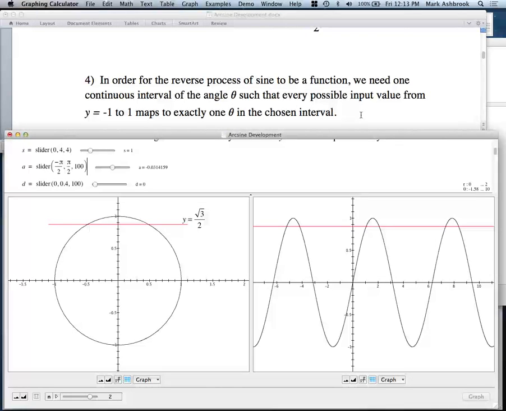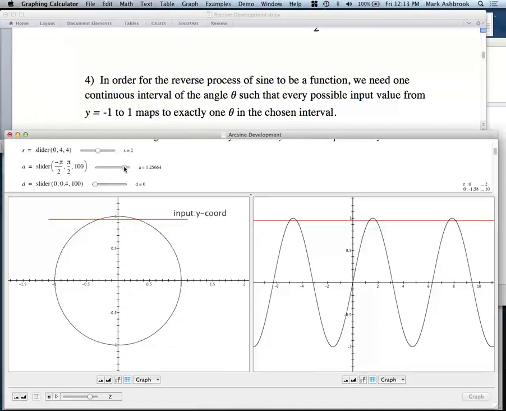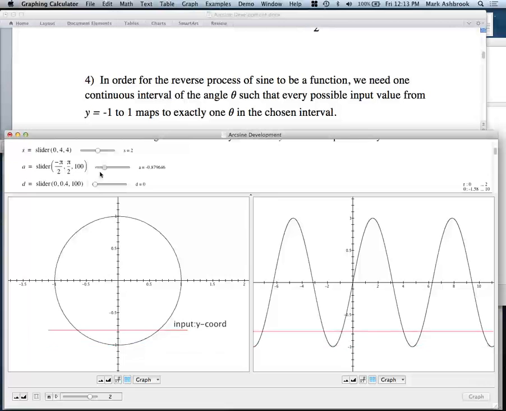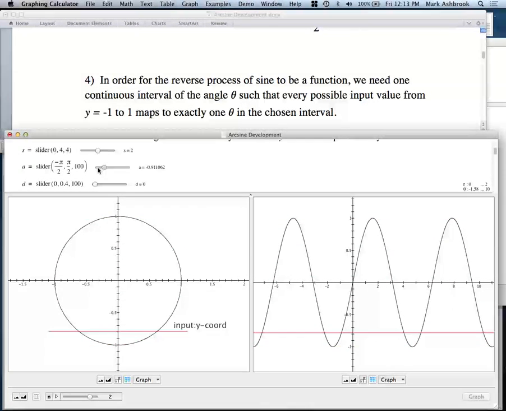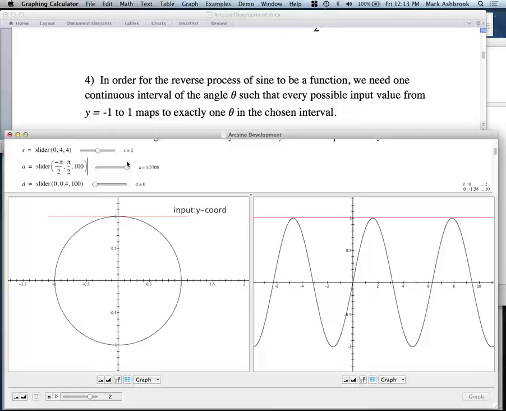Okay, so we need one continuous interval of the angle theta so that for every possible input value, what are our possible input values? From what to what? Negative 1 to 1. Those are our possible inputs for vertical distance. So for every one of those input values, we need to get exactly one angle in the interval that we pick.